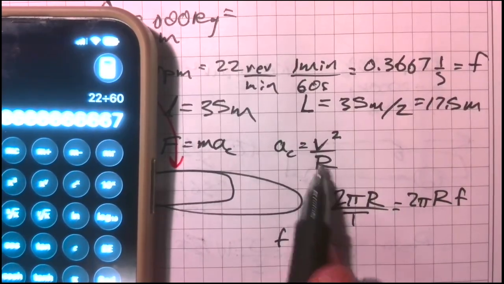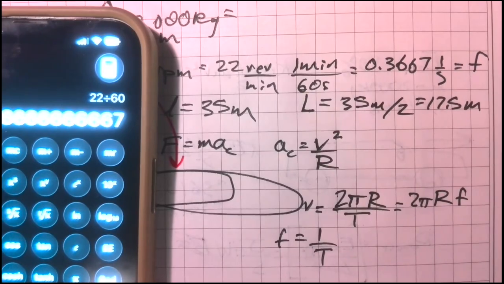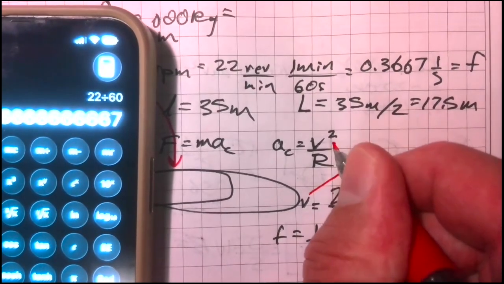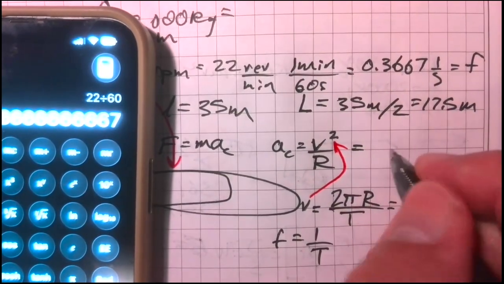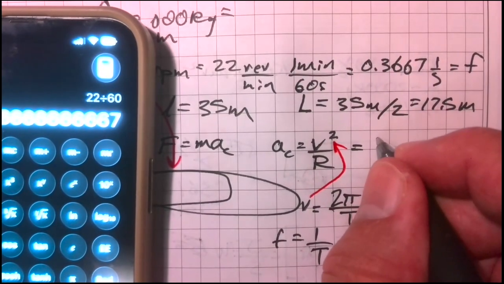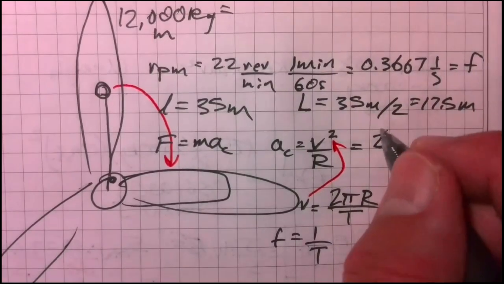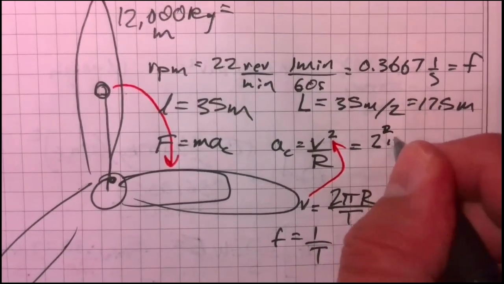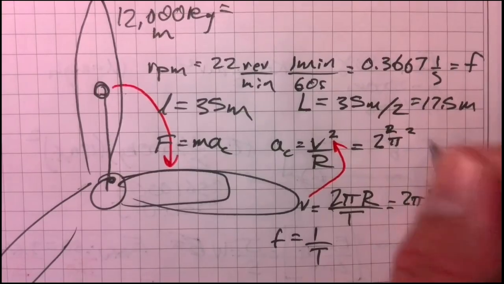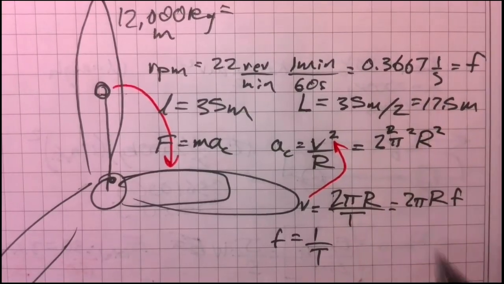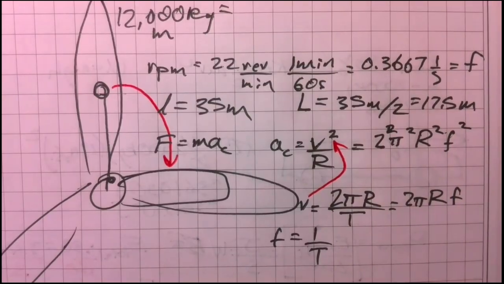Now I'm going to plug this into my formula up here. We'll rewrite our formula with everything. This will be 4 times pi squared, and then we're going to have an r squared up here, and we'll also have our frequency squared as well.